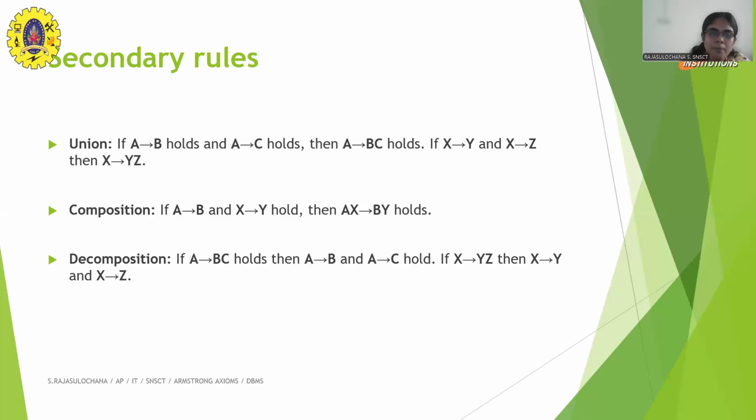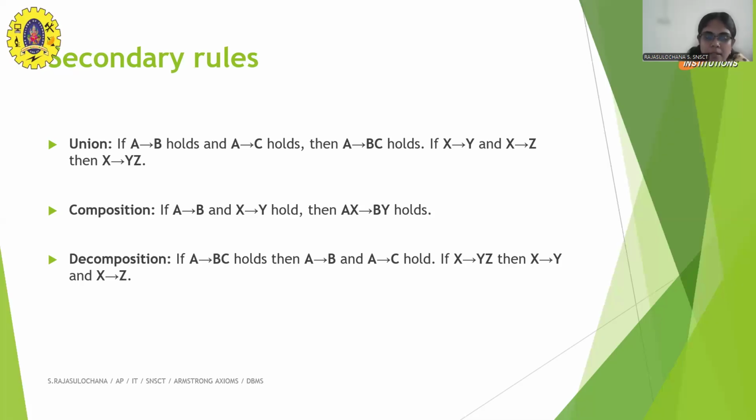Next is the decomposition property. Decomposition property is where the dependent attributes will be split. So for example, if there is a functional dependency like A determines BC, here the dependent attribute BC can be split into two different functional dependencies. So this is the splitting of union property. In the union property, we have merged the dependent attributes, whereas in case of decomposition property, we will split the dependent attributes.